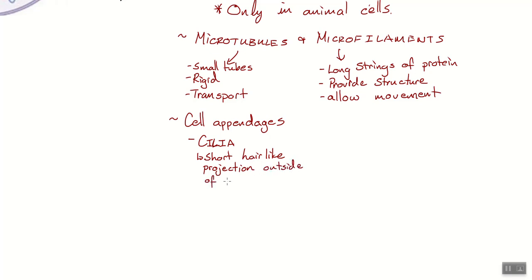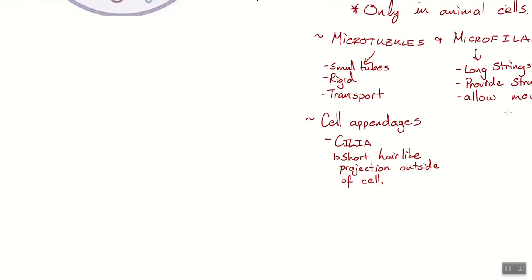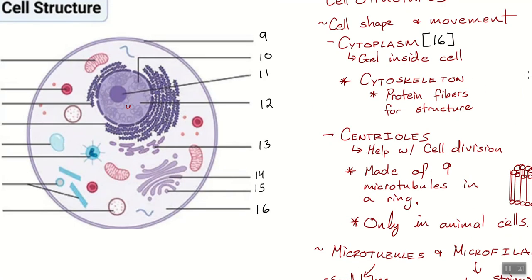Now I'm going to draw a small cell. It's always up to you guys if you want to draw these or not. This picture, do you see any projections sticking out of my cell? Let me go back over and look.